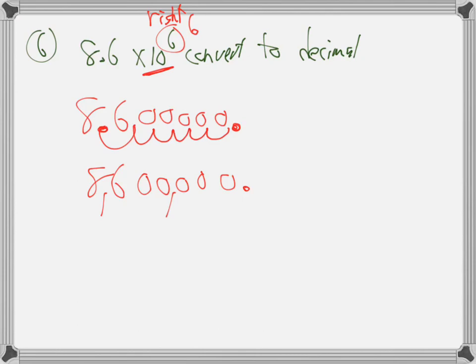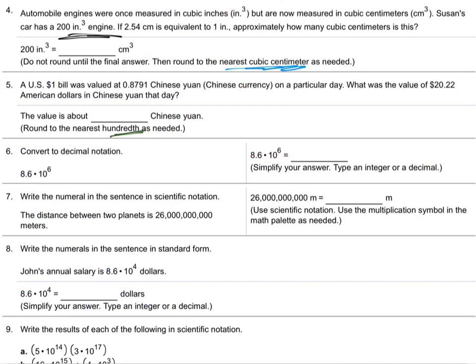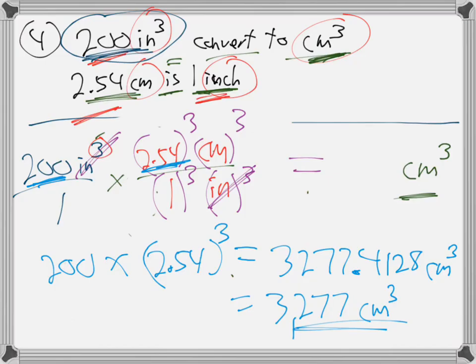They just want me to convert like that. Is that good? And then write the numeral distance between 2 planets. Okay, 26, whatever that is, big number. 9 zeros. Okay. So number 7: 26 with 9 zeros.